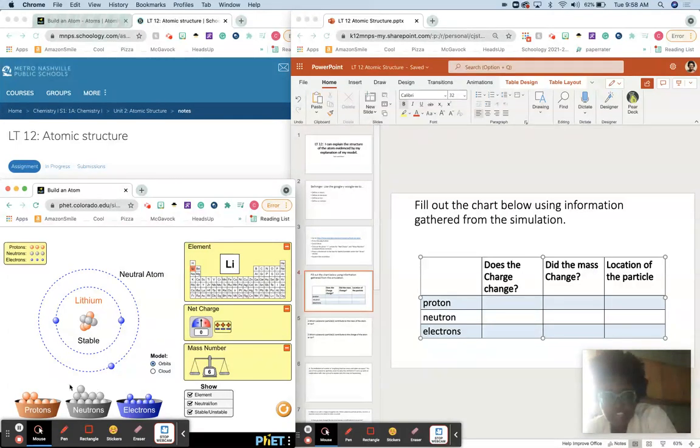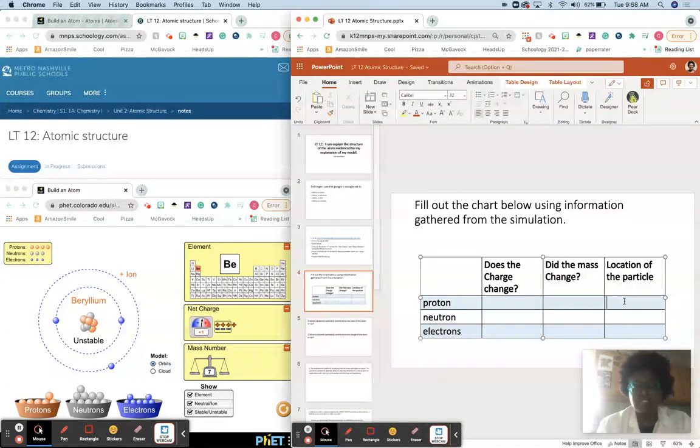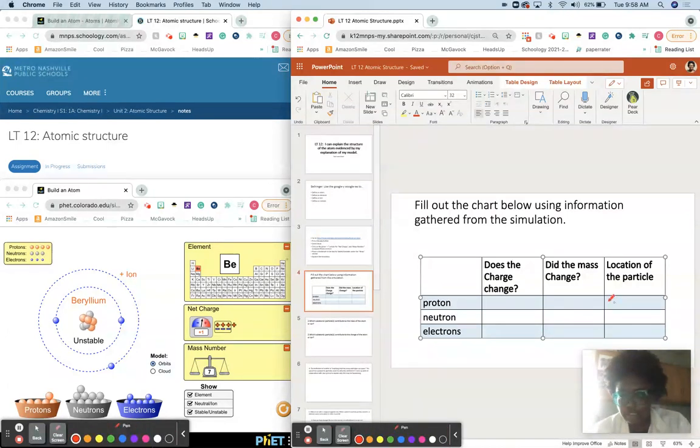All right, the location. When I'm adding protons, every time I add one, it goes directly to the center. The center is called the nucleus. The nucleus, okay? Nucleus is spelled N-U-C-L-E-U-S.